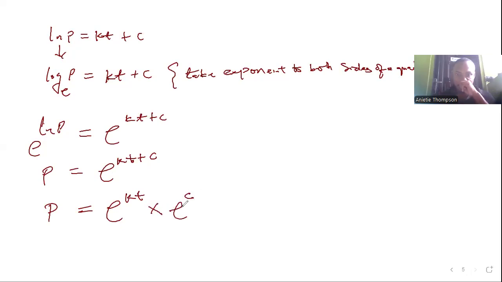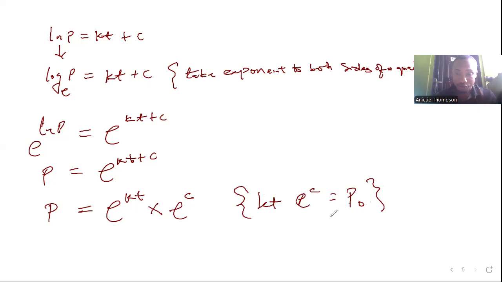All right, we can call this an ordinary constant. So let exponential of c equal p naught. What that means is I define p naught as the initial value of the population at time t equals 0.